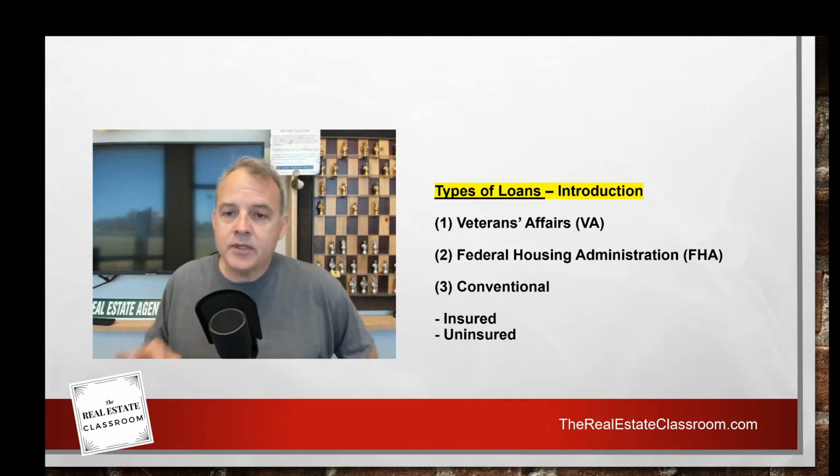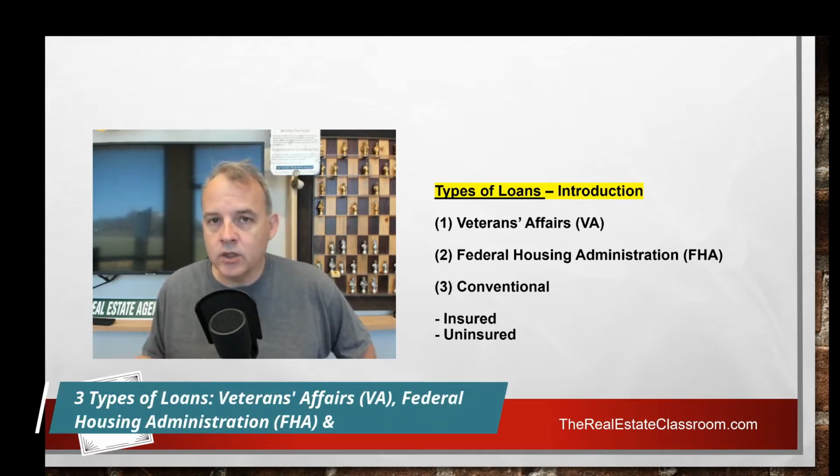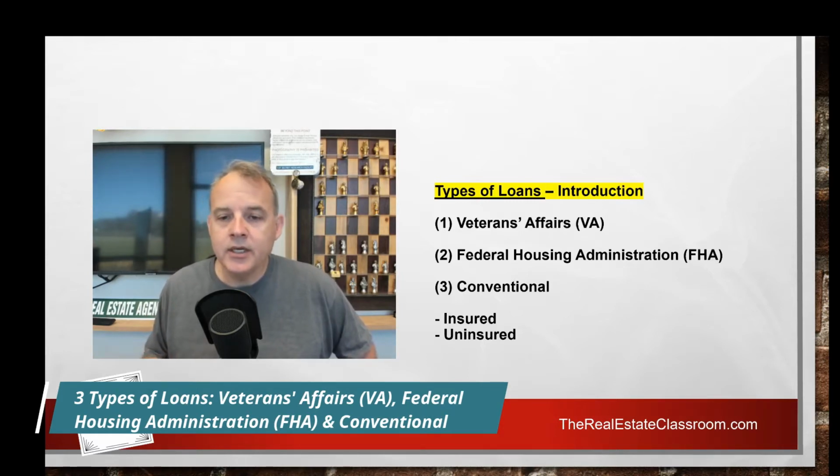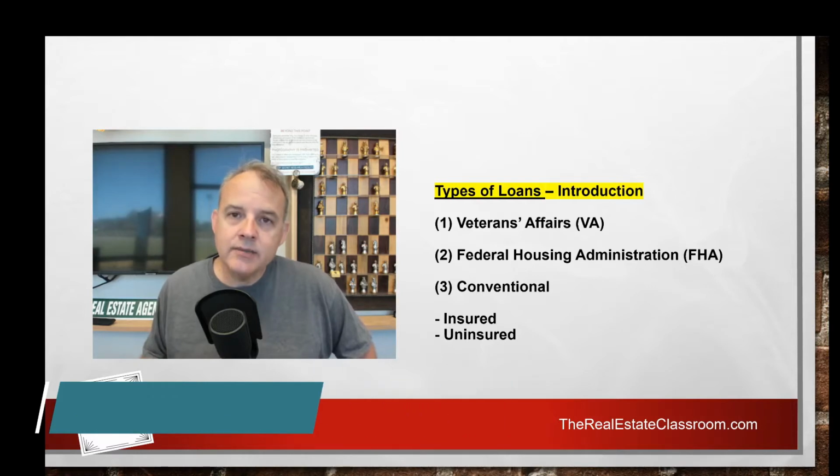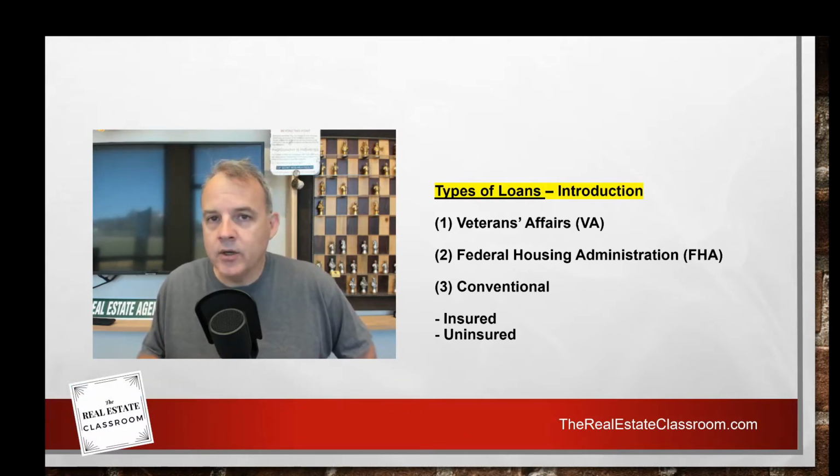The three types of loans we're going to discuss are the Veterans Affairs Loan, typically called a VA loan in the industry; the Federal Housing Administration Loan, commonly known as an FHA loan; and then the conventional loan, which is basically everything else.